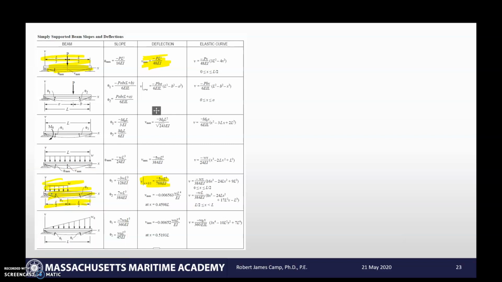So how do we handle that? We just write down, I get the Vmax from the first situation, so negative PL cubed over 48 EI. And it's listed as negative because, as we talked about with shear moment diagrams, going for vertical displacement, which is listed as V, your textbook may list it as Y, I don't remember off the top of my head.